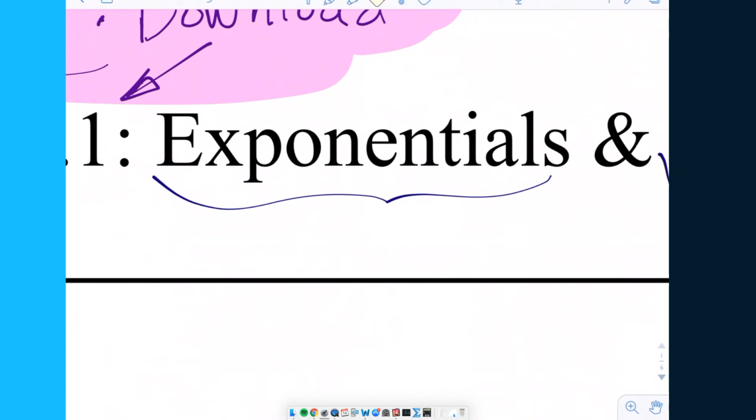You're going to have an extra 3 cents. You're going to have $1.03. You earn 3 cents just for doing nothing, just for being willing to part with that dollar for a whole year, right? Okay, so exponential has to have a seeding value.